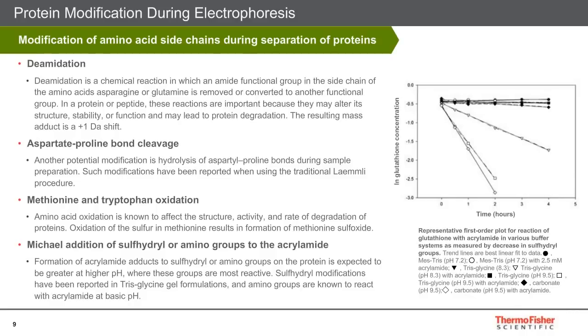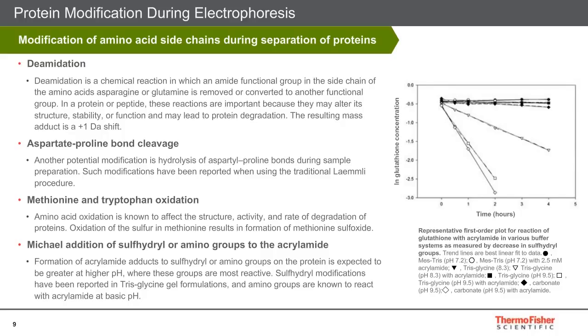For example, deamidation is a chemical reaction in which an amide functional group in the side chain of asparagine or glutamine is removed or converted to another functional group. Deamidation can lead to protein degradation by affecting its structure, stability, or function. This reaction also results in a mass shift of +1 Dalton.